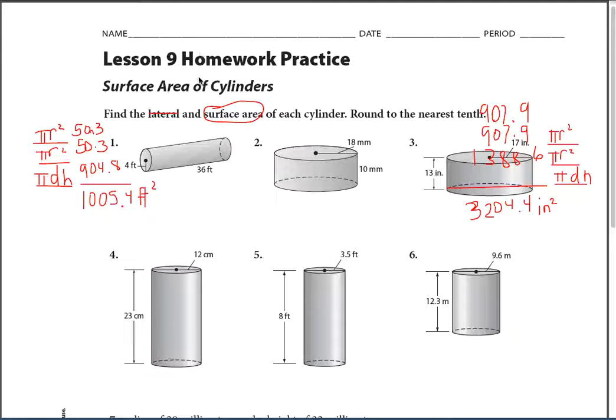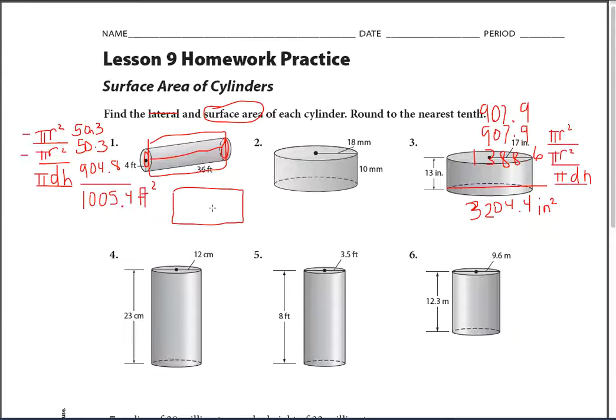For the lesson 9 homework practice, number 1 and 3, or the whole worksheet, we're talking about cylinders. And so we have 2 circles for our bases. Okay, so that's pi r squared to find the area of a circle. And then this middle section here, if you would take a pair of scissors and cut down the center of that and unroll it, you would have a rectangle.